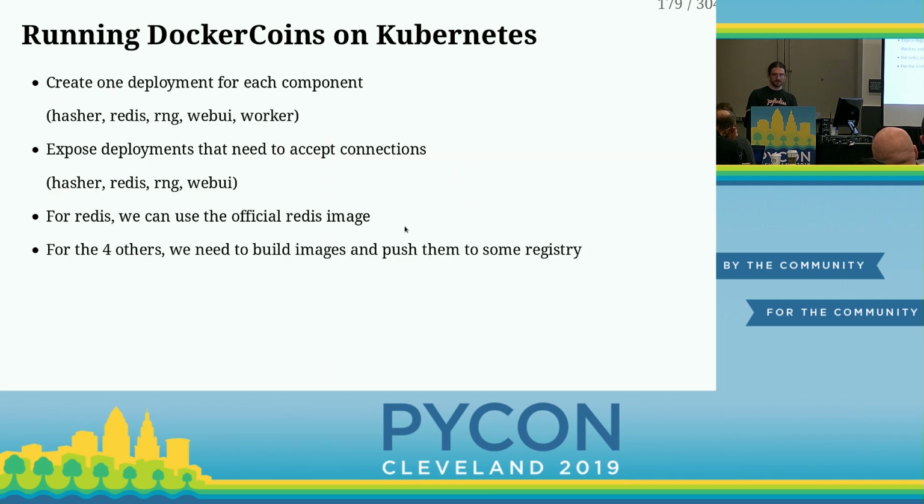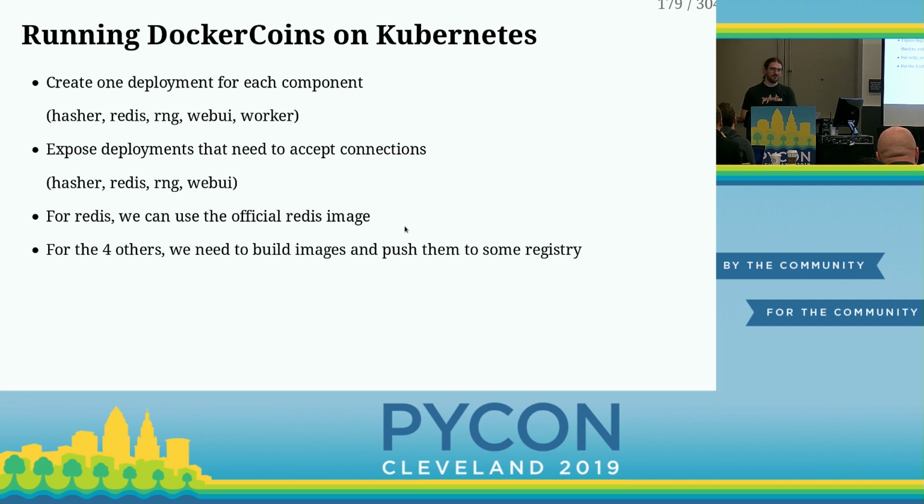Okay. So the plan to run Docker coins on Kubernetes is, first, I'm sidestepping the build issue. I assume that somebody has built the Docker coins images for me. It could be someone else who built and then pushed the images, or maybe I've set up some automated build. We consider that a solved thing. I have images on a registry. So I'm going to create one deployment for each container.